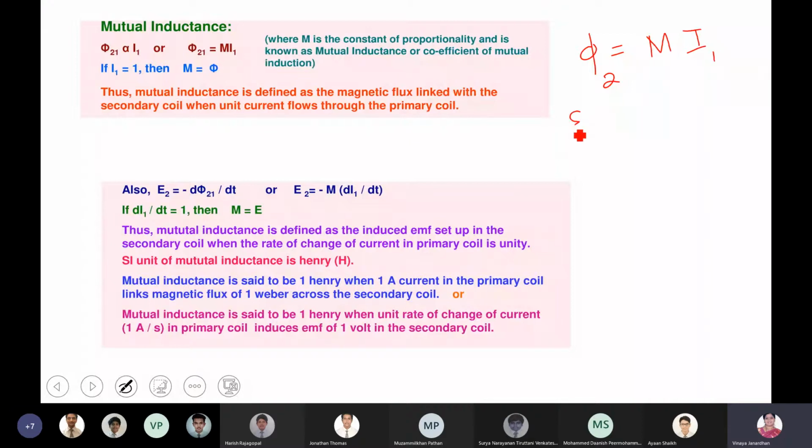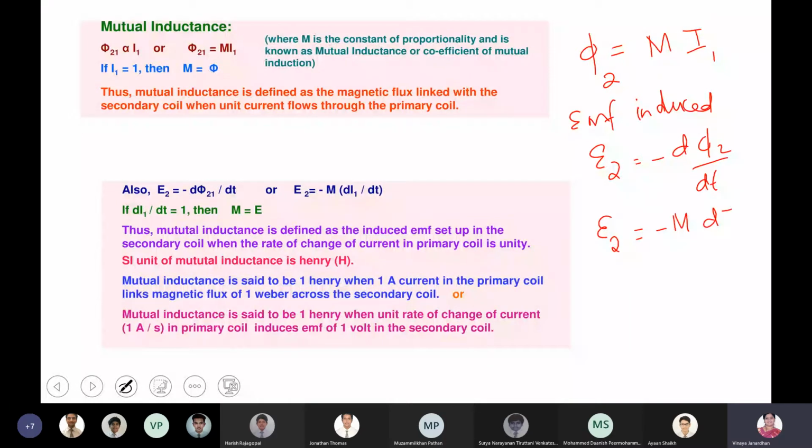So the EMF induced in the second coil, E2 is equal to minus d phi 2 by dt, or I can write this as E2 is equal to minus M into dI1 by dt.